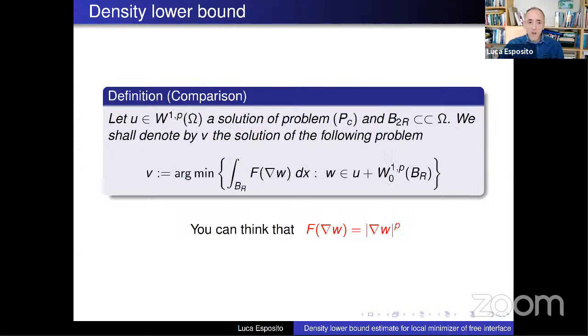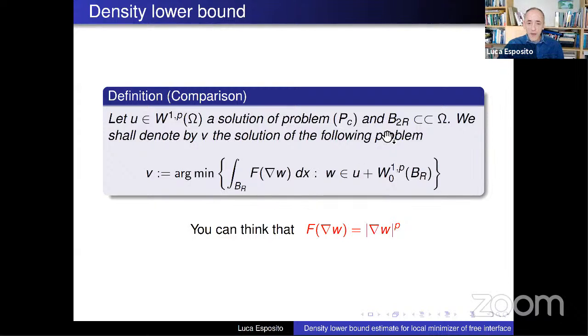And very quickly, in which way can we prove these results? To prove these results, you have to consider this comparison function.